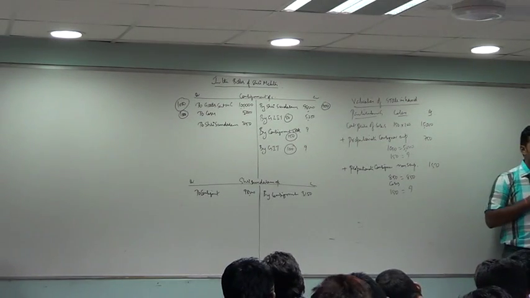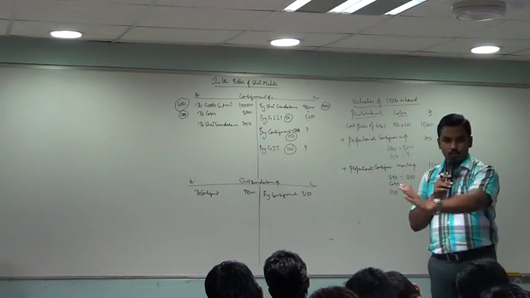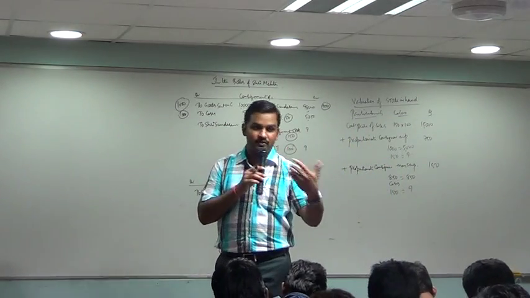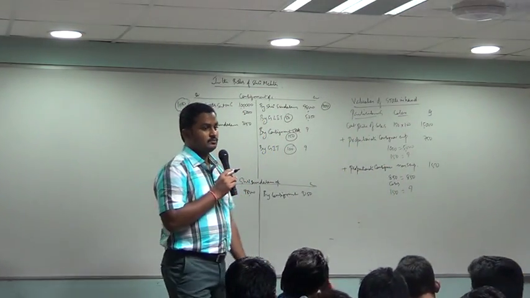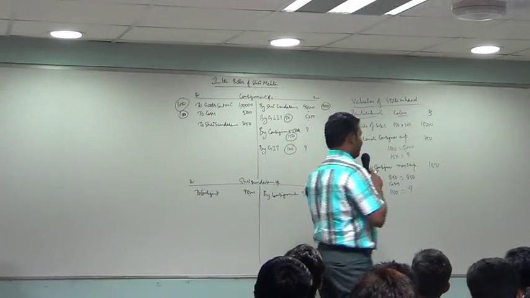Did you understand? From the big ship, how many goods were unloaded? 850. How many were transported? 850. For transporting 850 goods, how much has he spent? 850. Okay. You made a mistake here.